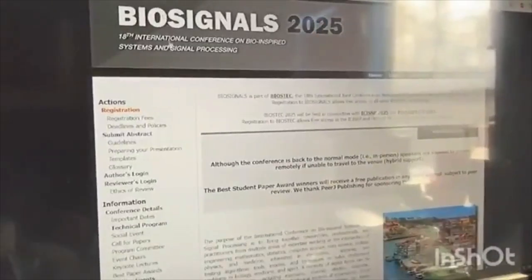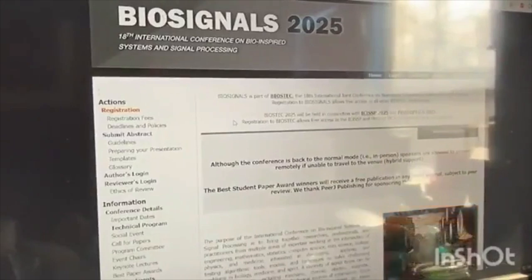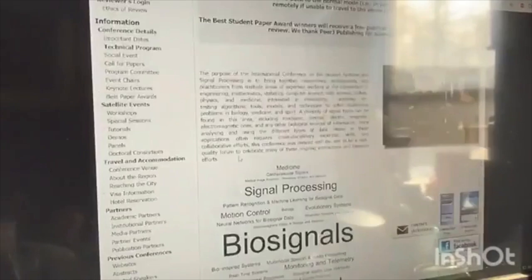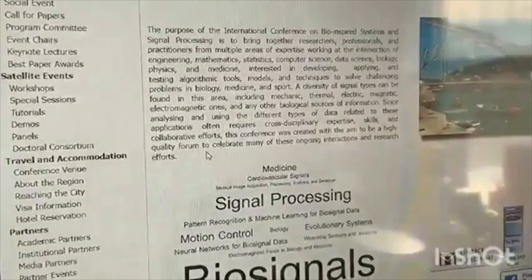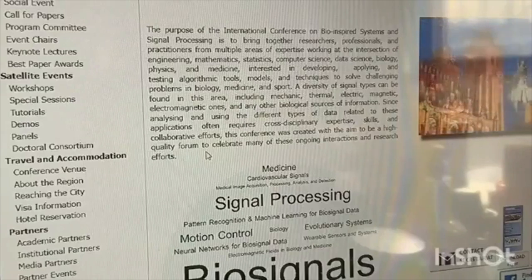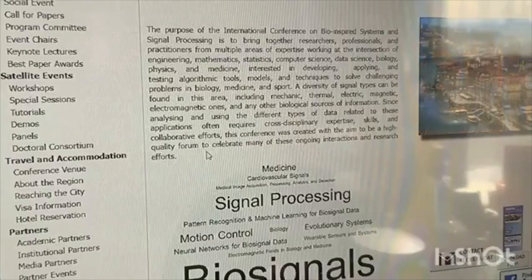18th International Conference on Bio-Inspired Systems and Signals Processing in 2025. It's the same picture. The purpose of the International Conference on Bio-Inspired Systems and Signal Processing is to bring together researchers, professionals, and practitioners from multiple areas of expertise working at the intersection of engineering, mathematics, statistics, computer science, data science, biology, physics, and medicine.